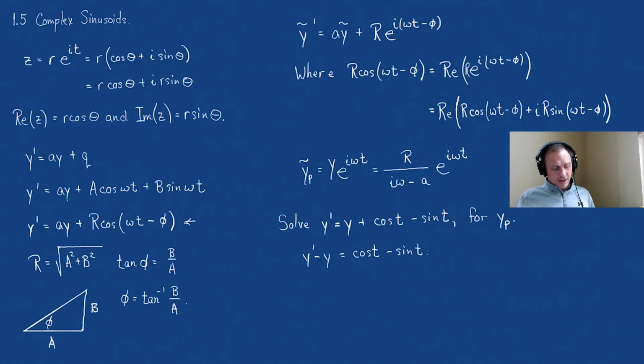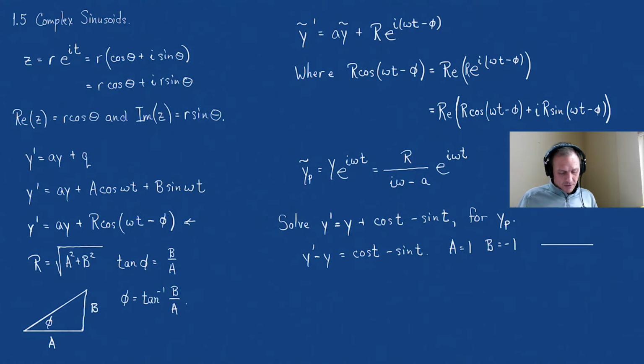Okay, but now we want to write cosine of t minus sine of t as just cosine. Well, we can do that because look at this. In this case, a is 1 and b is negative 1. So let's graph that. That's going to give us this triangle where a is 1. That's my horizontal component.